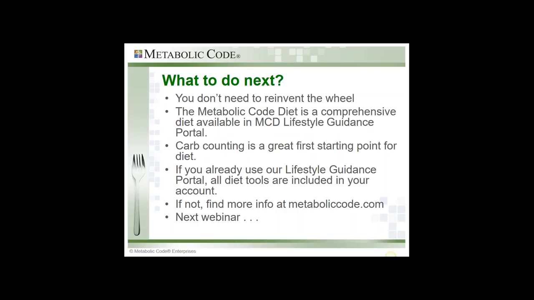While that's a little more involved, that's really one of the primary things you're after, postprandial glucose control. So anyway, the tool is available in our Lifestyle Guidance portal. And are there any questions?